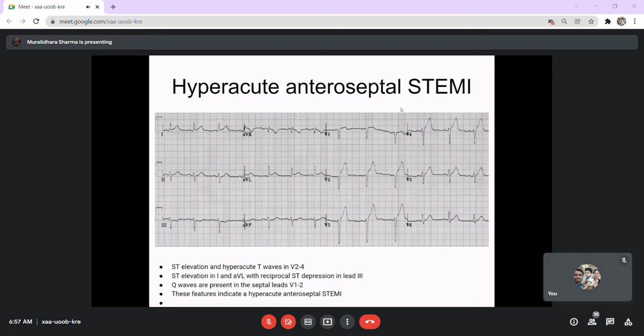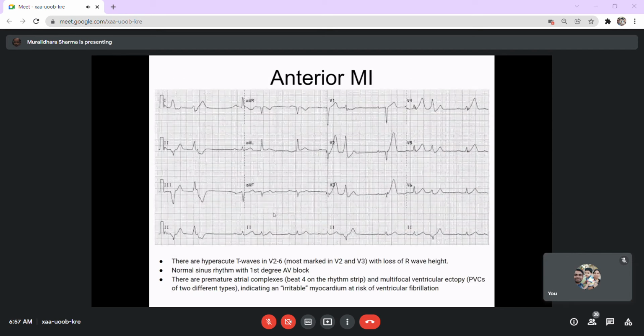And of course, the third finding, like Q waves in the septal leads, is not a very critical issue. It also confirms the features of acute anteroseptal ST segment elevated MI, where the condition is critical. There is always a risk of sudden development of a cardiac arrest, either turning into a ventricular fibrillation within a short duration.